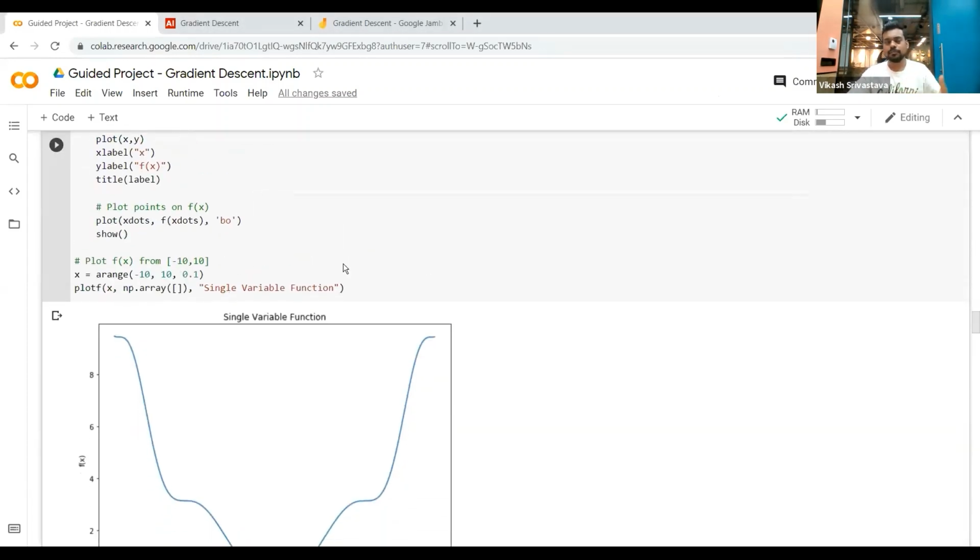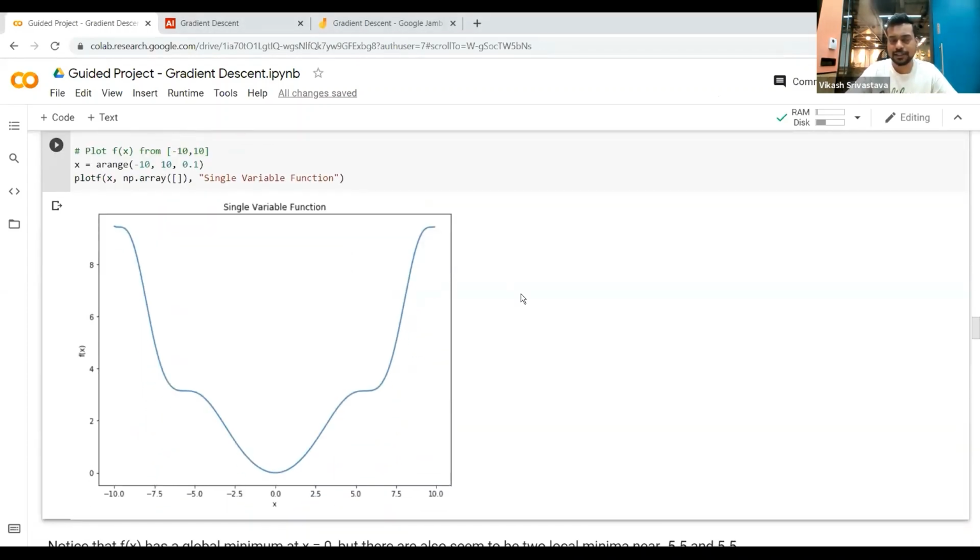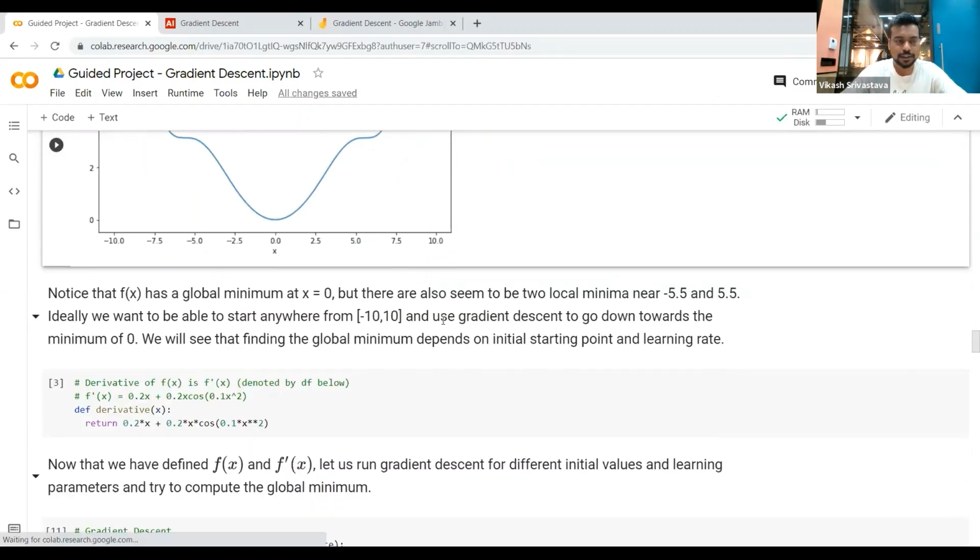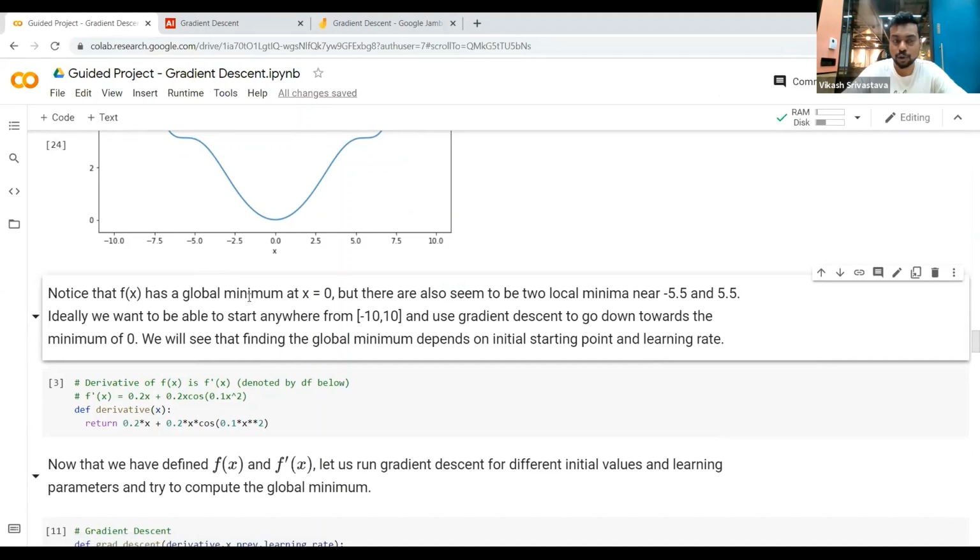Of course, in your gradient descent implementation, for starting you can assume a similar function. Just take a convex function, for example. This looks like a convex function, and we are happy to go with it. Notice that the function has a global minimum at x = 0, but there also seem to be two local minima.